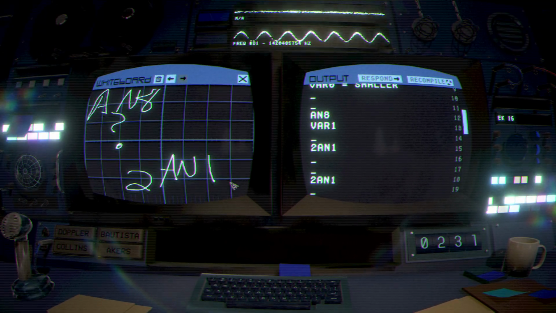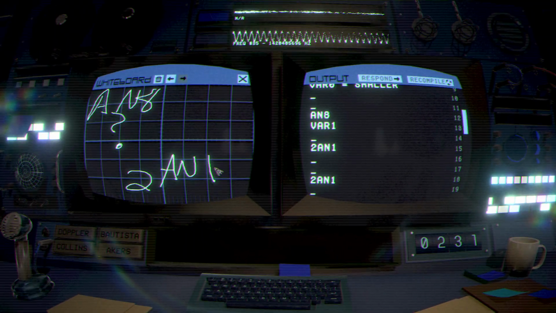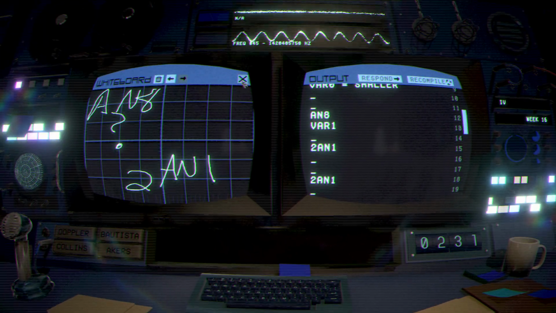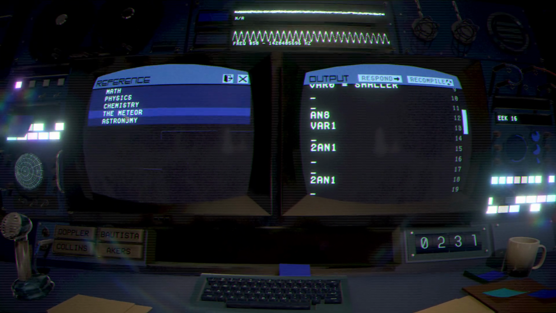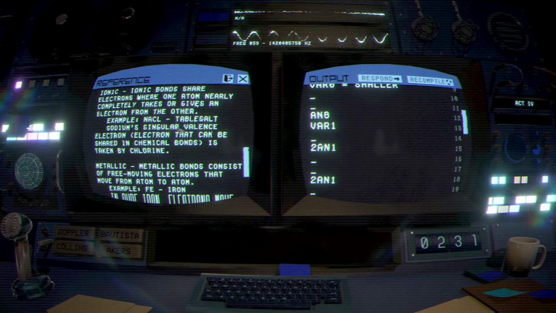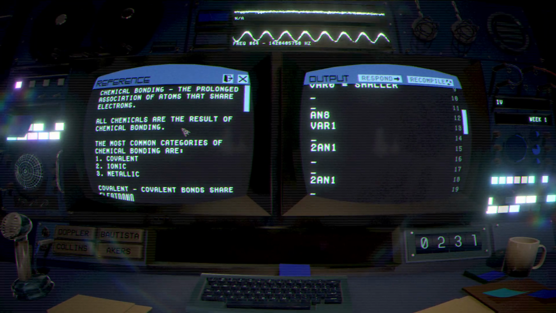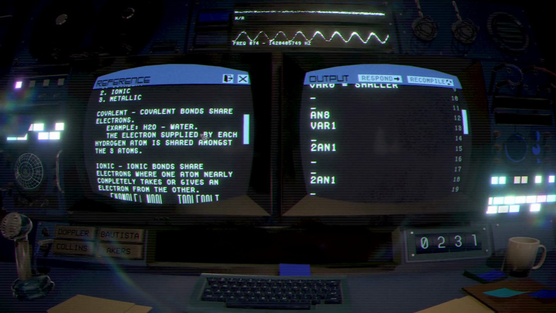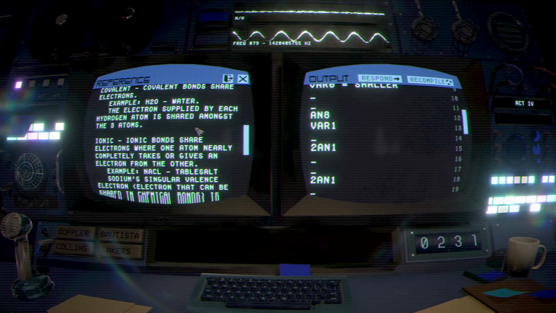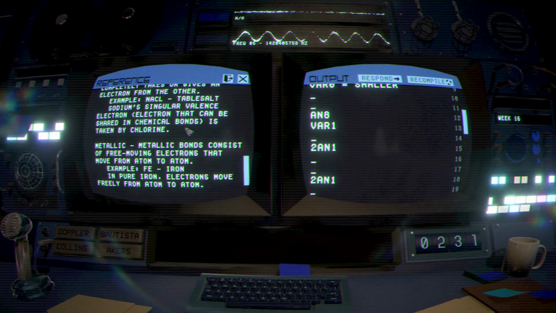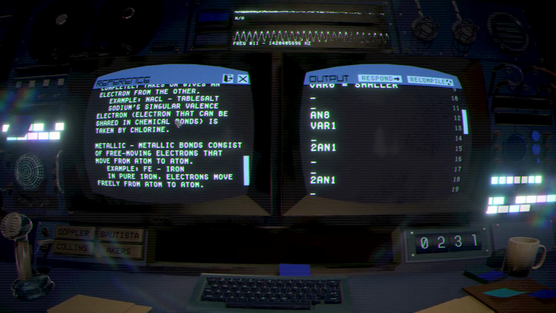Just don't see how that's possible. I just don't see how it's possible. Reference, chemical bonding. Chemical bond. Covalent bonds, ionic bond, metallic bonds.